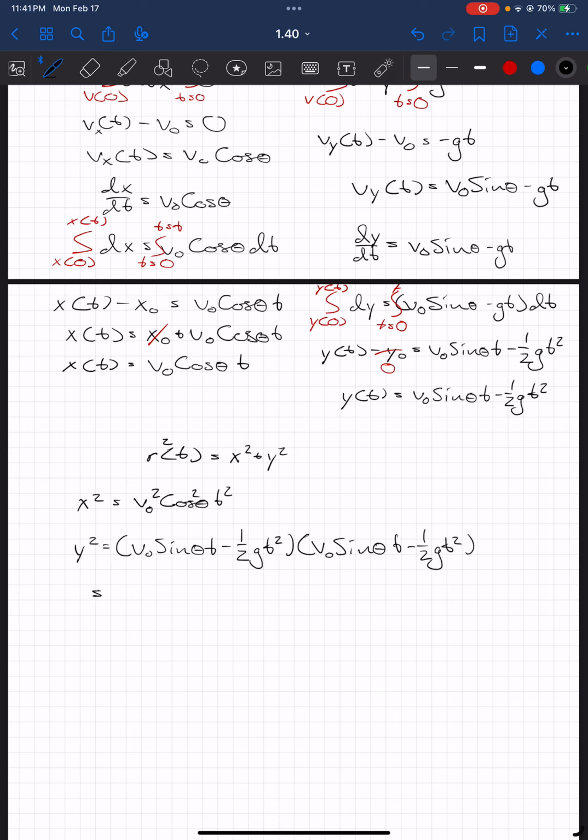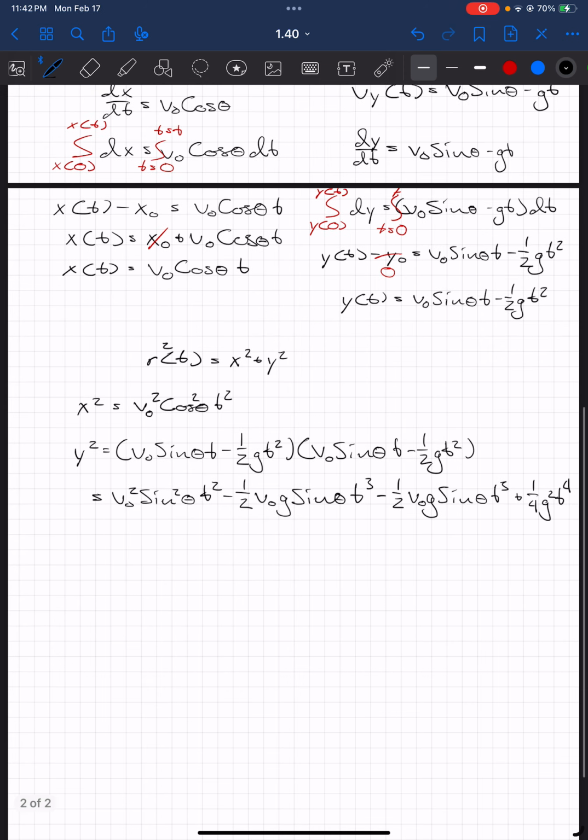Which ends up equaling v naught squared sine squared theta t squared minus 1/2 v naught g sine theta t cubed minus, again, 1/2 v naught g sine theta t cubed plus 1/4 g squared t to the 4th.